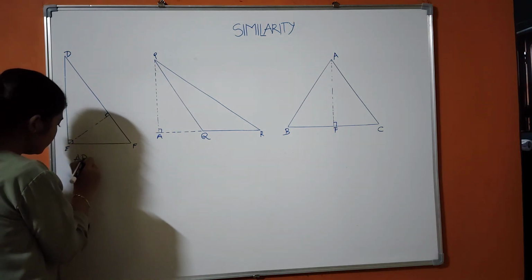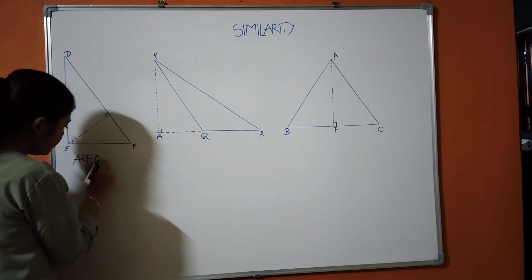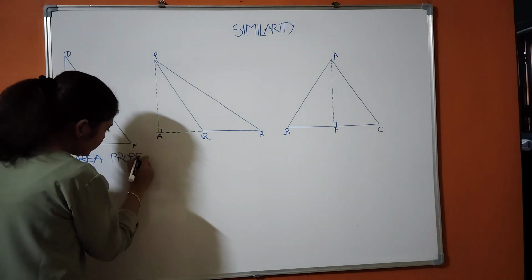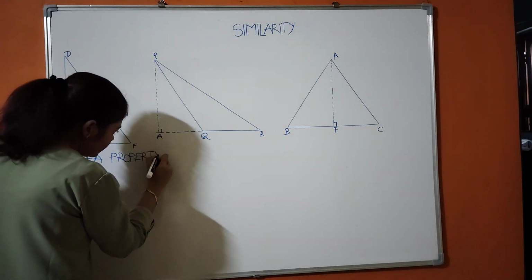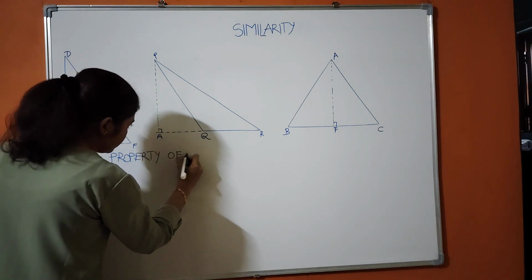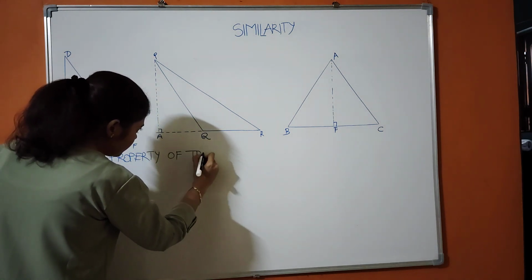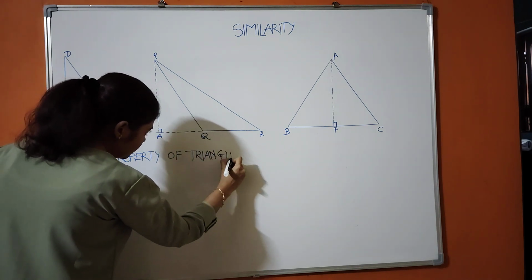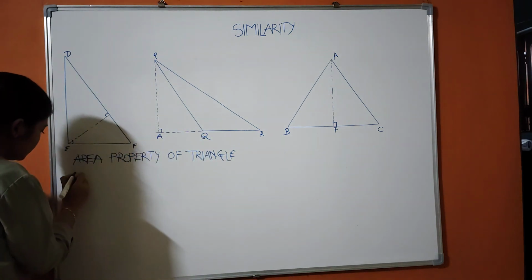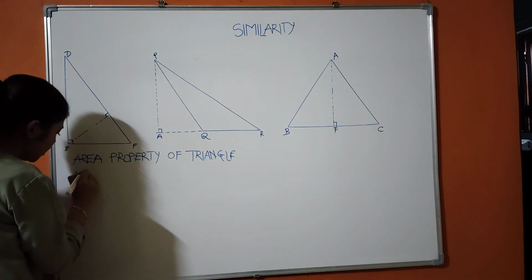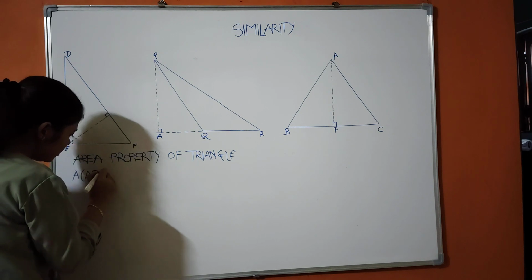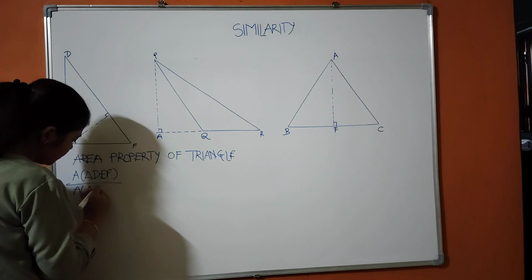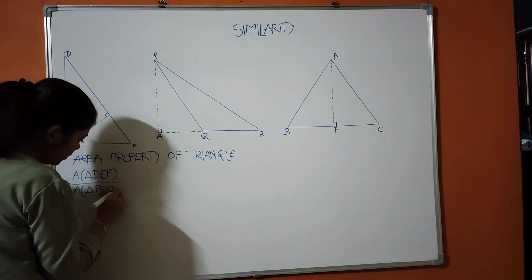Area property of triangle. Area of triangle DEF upon area of triangle PQR.